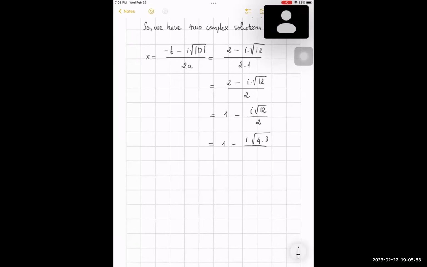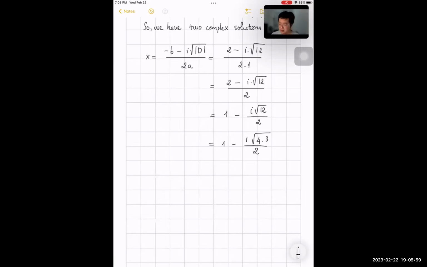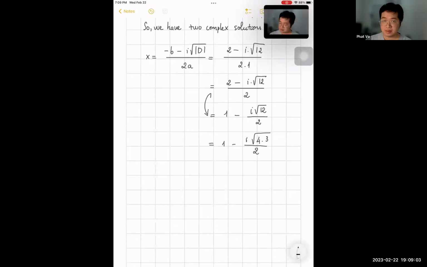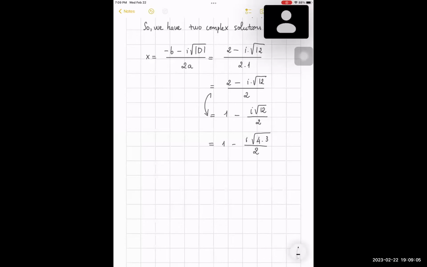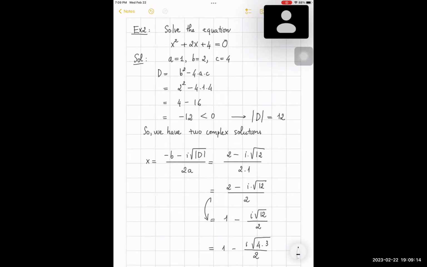Hey, Professor, what was the original equation? Sorry. What was the equation we have to solve? Can we scroll up? Yeah. This equation. 2x negative b.